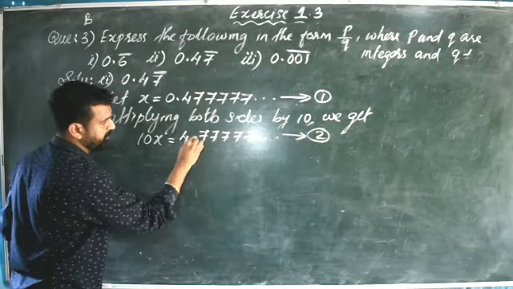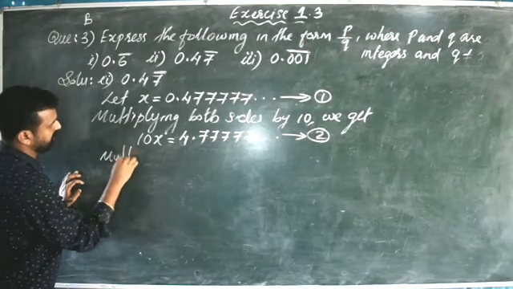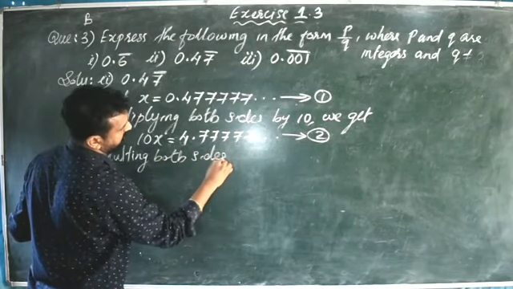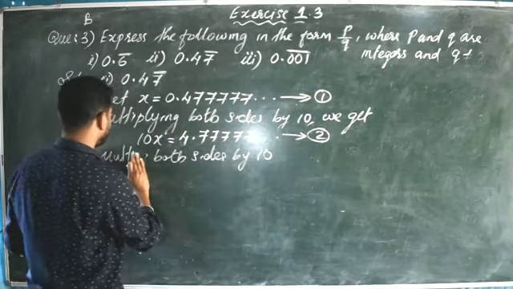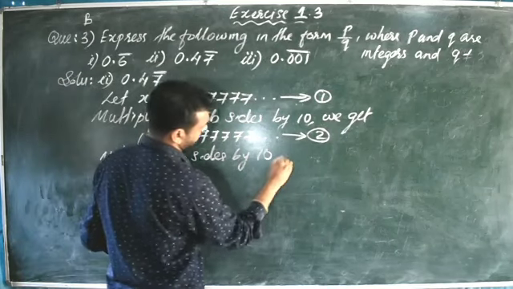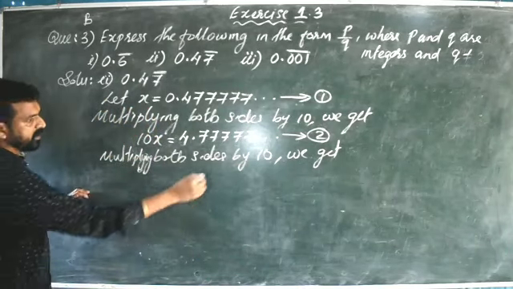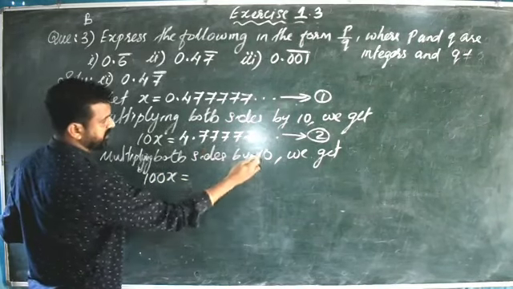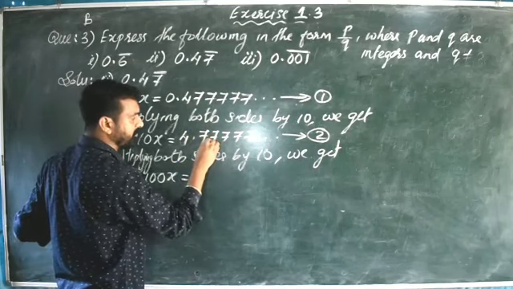Now after the decimal point one digit is repeating, so again we have to multiply both sides by 10. Multiplying both sides by 10, we get, in this second equation, 10 into 10x, that is 100x is equal to 10 into 4.777 etc. The decimal point will go one more place to the right side.